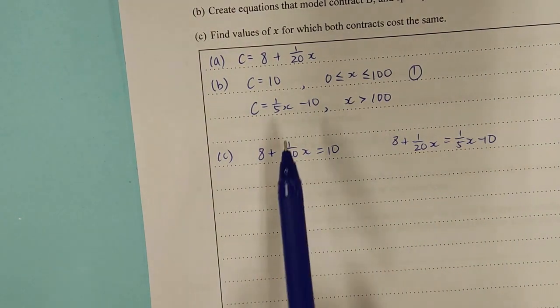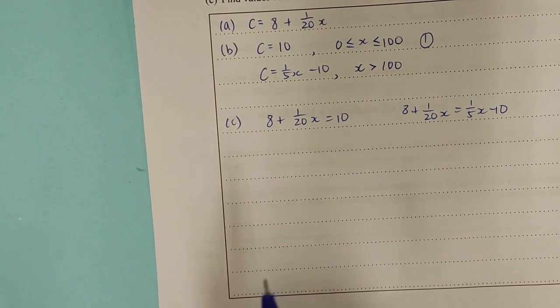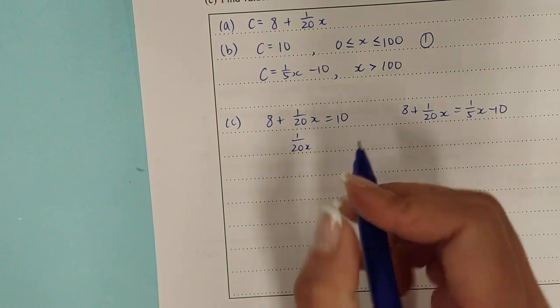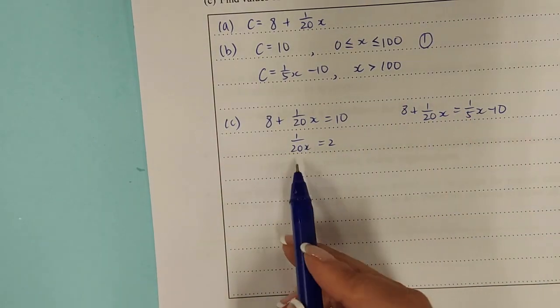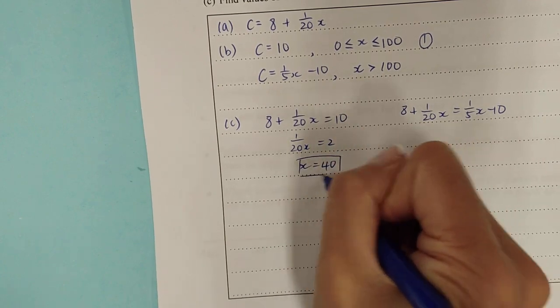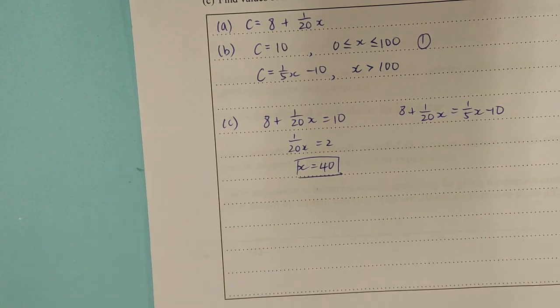Since we have two equations for contract B, let's take a look at the first one. Subtract 8 from both sides, and then multiply both sides by 20. So when x is 40, at 40 minutes, both contracts cost the same.